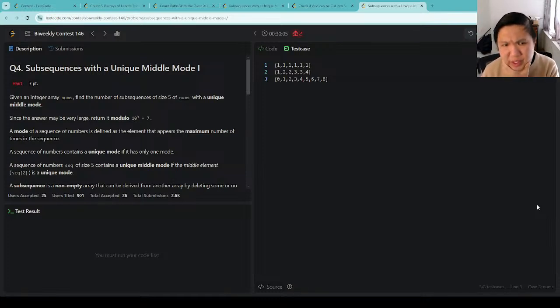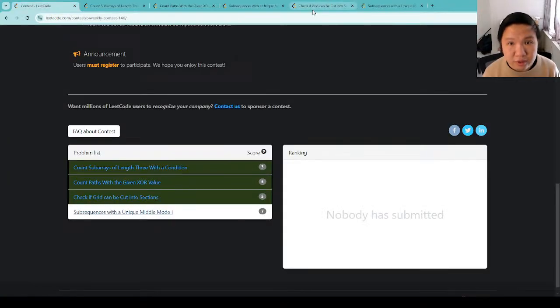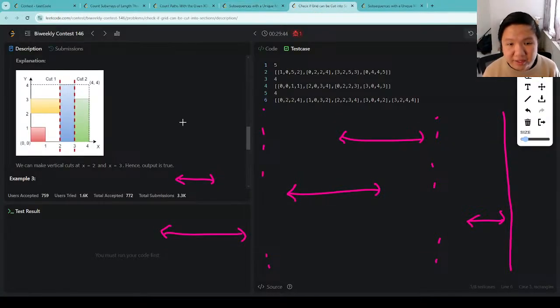So in question 3, you want to think of the rectangles as ranges. Don't solve this as a 2D problem. Solve it as two 1-dimensional problems. First you solve the vertical cut problem. You find the width of all the rectangles and see if you can make 2 vertical cuts.